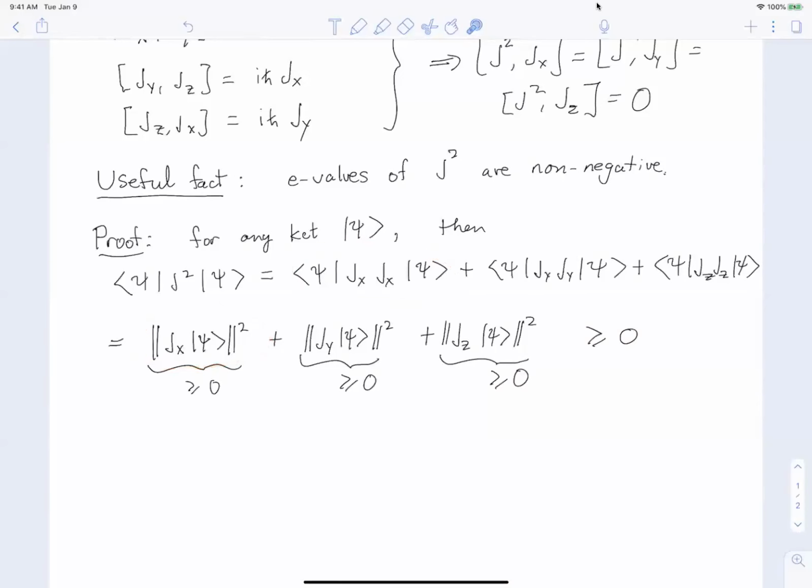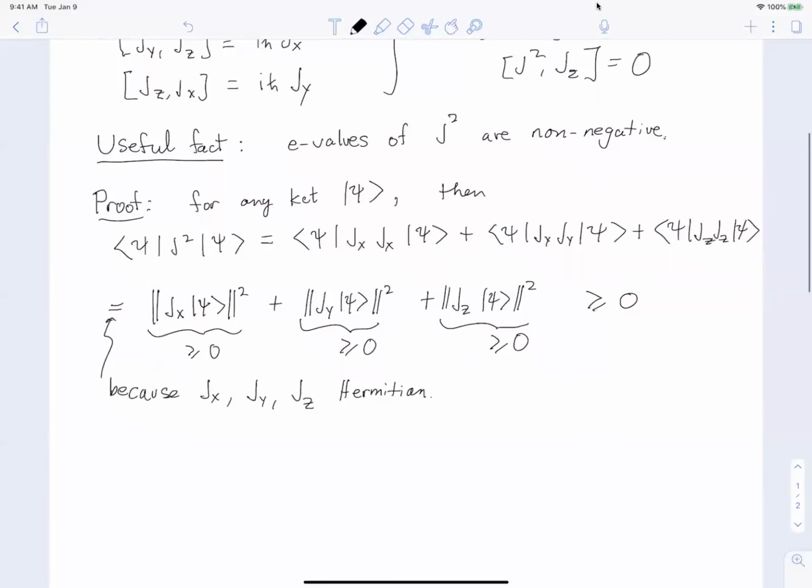That relied on the fact that Jx is Hermitian, because otherwise this should have been a Jx dagger, but Jx dagger and Jx are the same because they're Hermitian. So here I have used the fact that Jx, Jy and Jz are Hermitian. It makes sense that I would have had to use a fact like that, because otherwise this proof would work for almost any operator, and it's not true that any operator has non-negative eigenvalues.